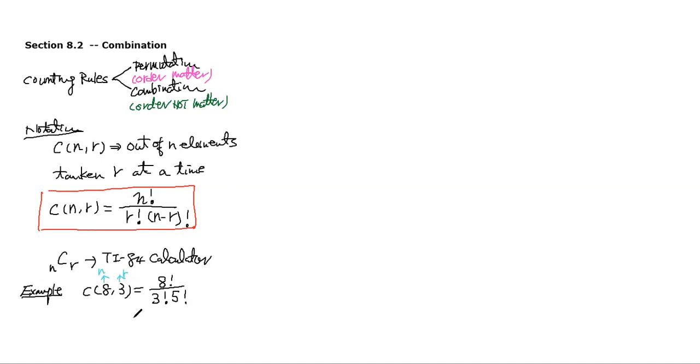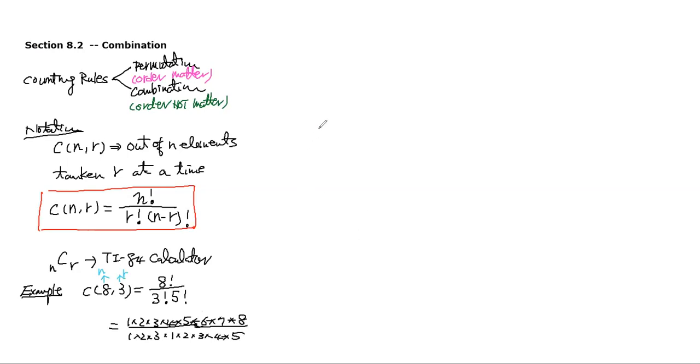You can use your calculator to put the factorial in, or you can say 8 factorial is 1 times 2 times 3 times 4 times 5 times 6 times 7 times 8. Then 3 factorial is 1 times 2 times 3, and 5 factorial is 1 times 2 times 3 times 4 times 5.